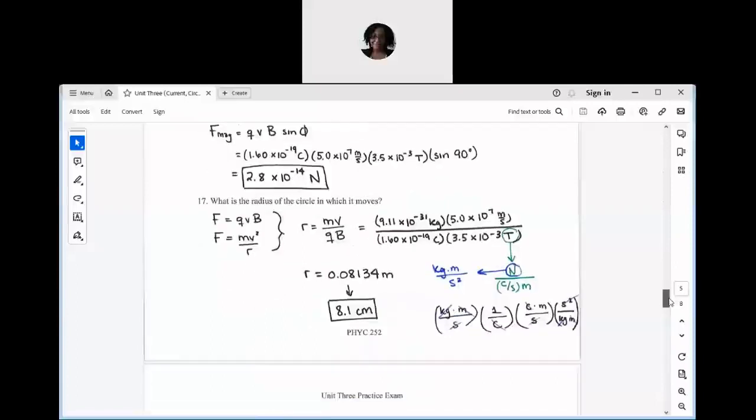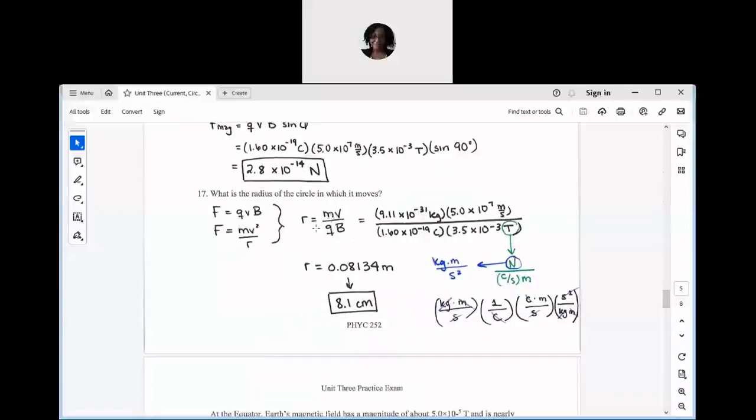So I have m times v over q times B. These units are kilograms and meters per second in the numerator. We have coulomb tesla in the denominator. A tesla is a newton divided by an amp divided by a meter.